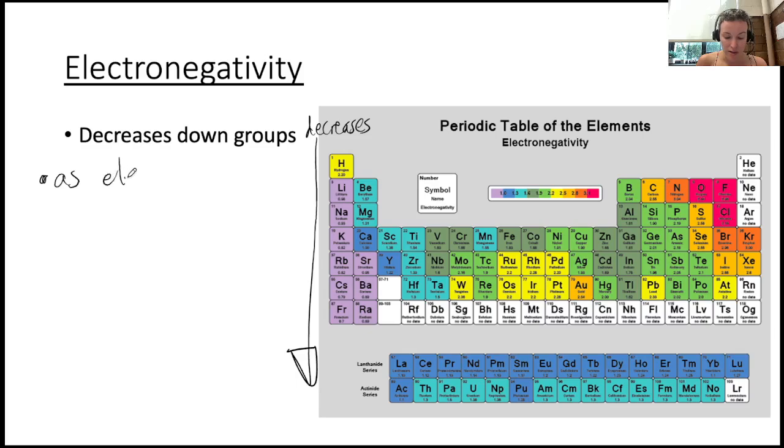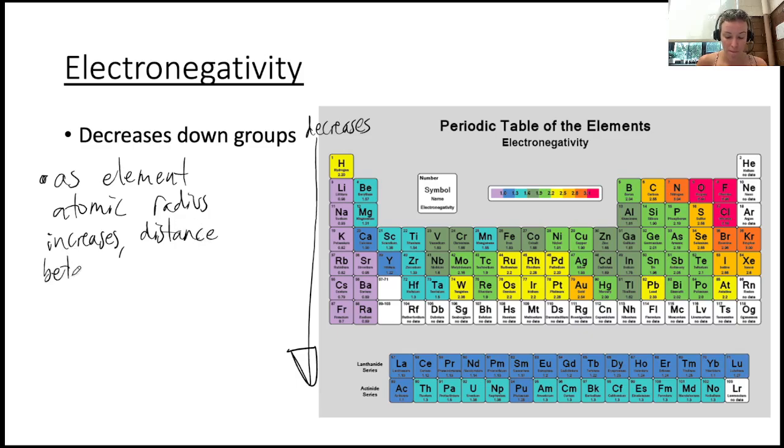As the atomic radius increases, the distance between the nucleus and electrons increases.